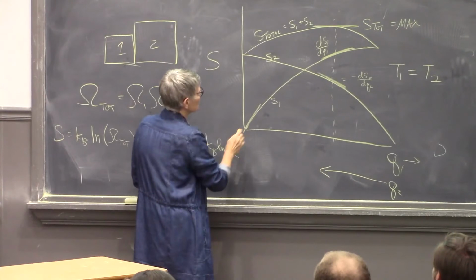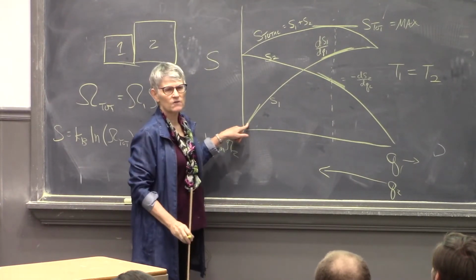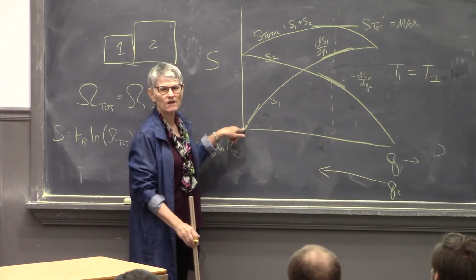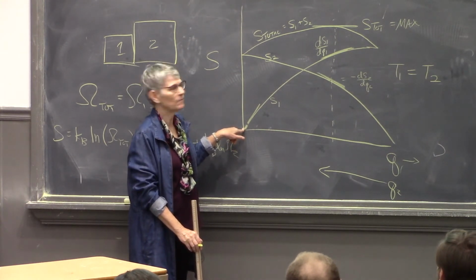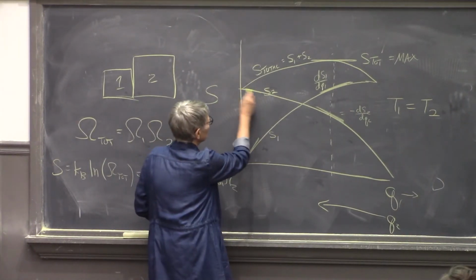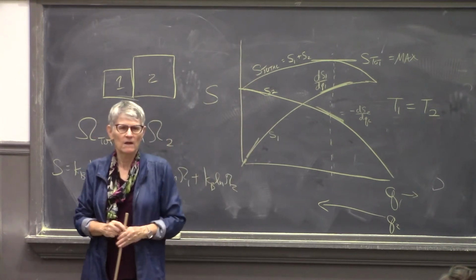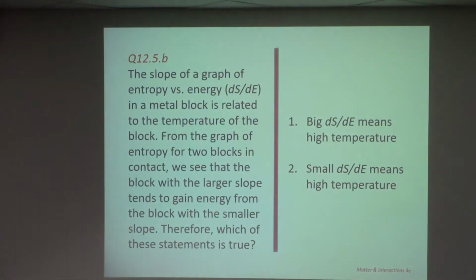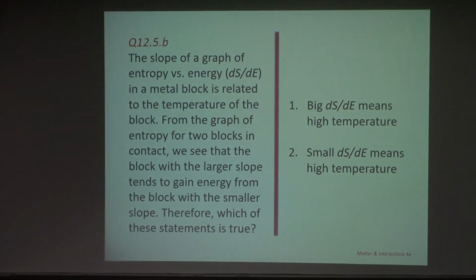Here we have a big slope, and this is for block 1, which has almost no energy in it. So it's kind of cold, it's accepting energy. Whereas this slope for block 2 is a little bit smaller. So what do we think? Does a big dS/dE mean high temperature, or does it mean low temperature? Think about it for a second.